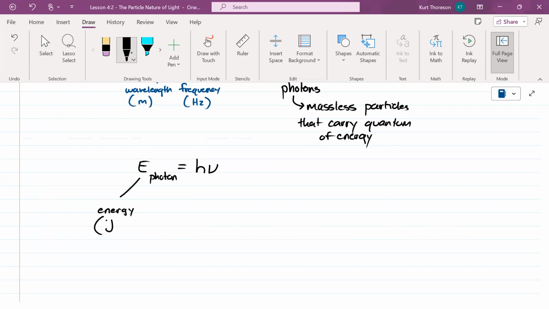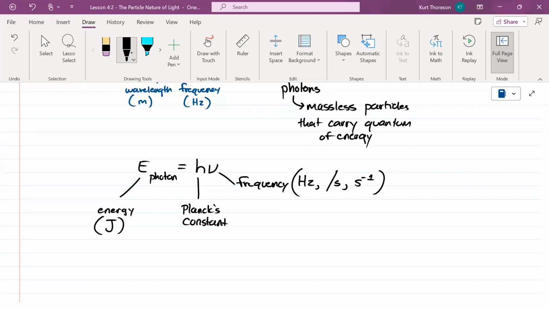Joules. This is Planck's constant. And this is frequency. Frequency can be measured in hertz or waves per second or the reciprocal of a second.